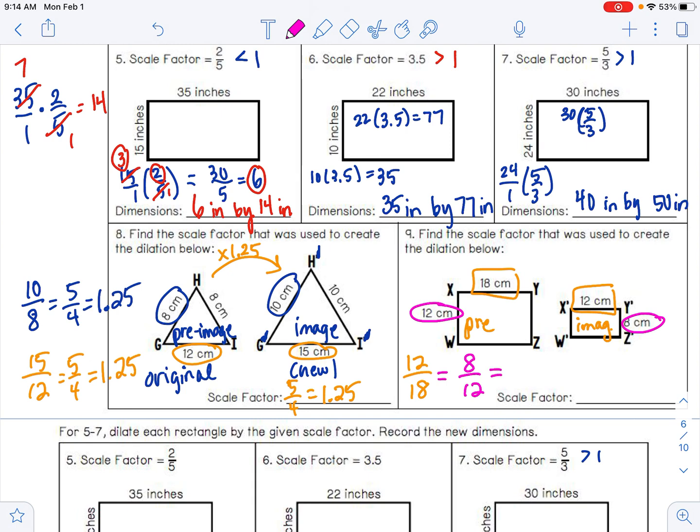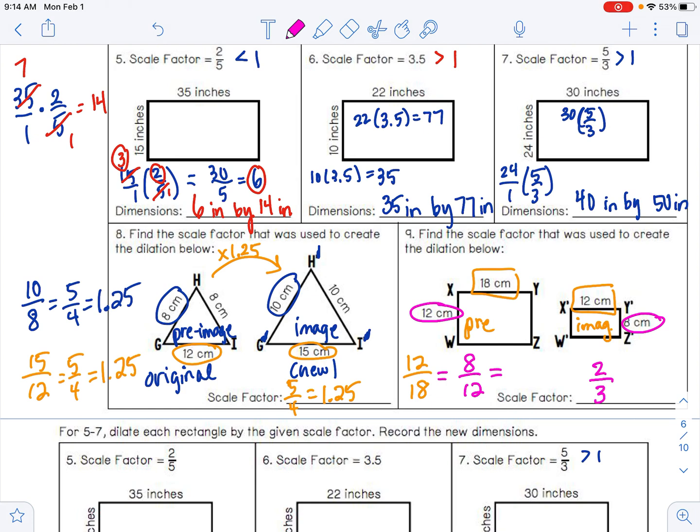Either way I look at it, those are equivalent to each other and give me a scale factor of 2/3. You'll notice I'm not going to go to a decimal on this one because it's a repeating decimal. So please do not give me repeating decimals for scale factors. I much prefer the fraction. And again, this pre-image was reduced in size, and so my scale factor should be and is less than 1.